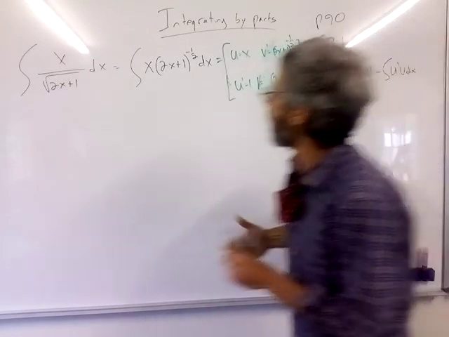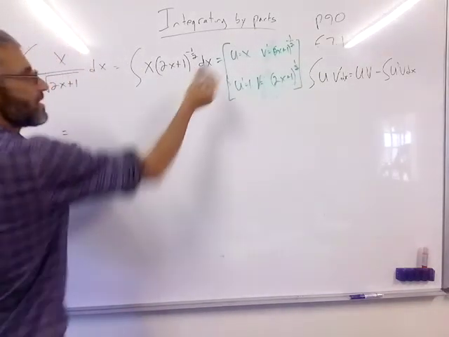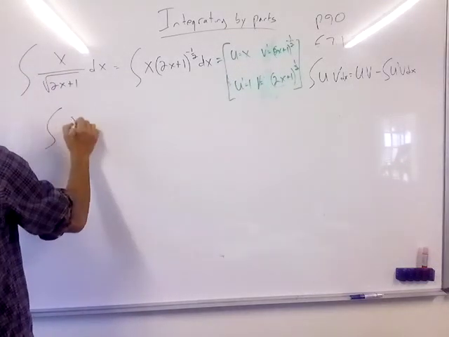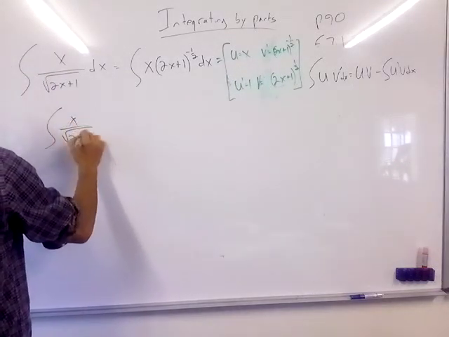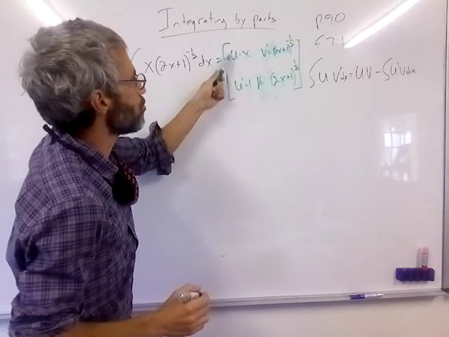Okay. Now we just use the equation. Once I establish which one is u and which one is v, I'm going to write again: the integral of x square root 2x plus 1 dx is going to be u times v.